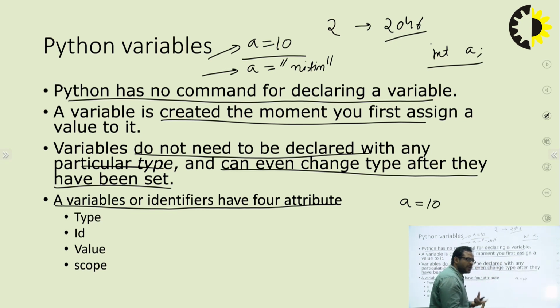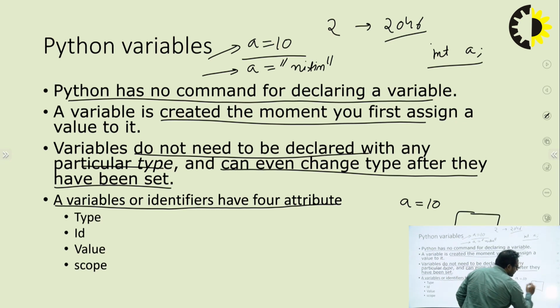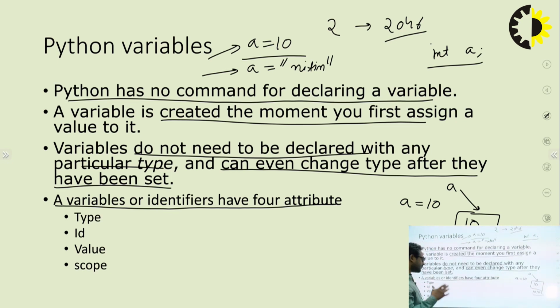So it is stored into memory. Like this is the memory box, 10 is stored here. A is the identifier which is pointing to this, and there is an address or a reference ID. We can just write here 10102. So this is the reference ID. Understood?